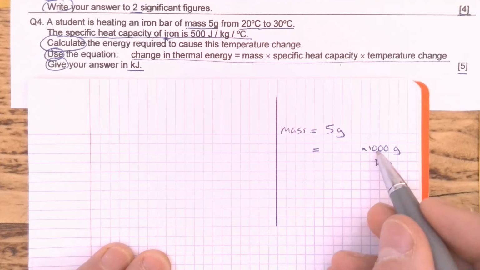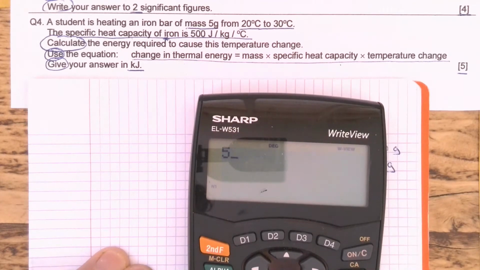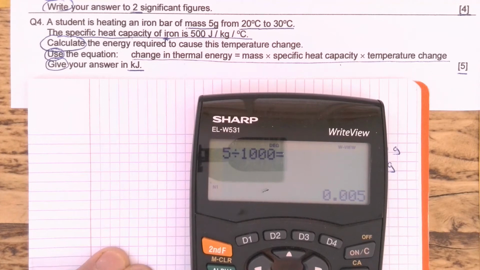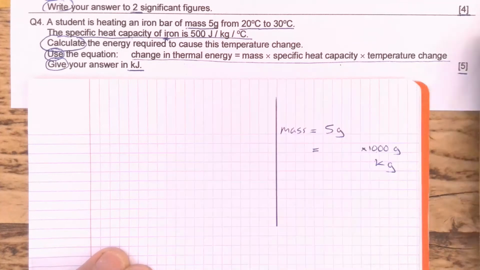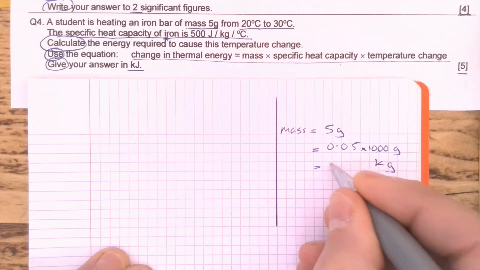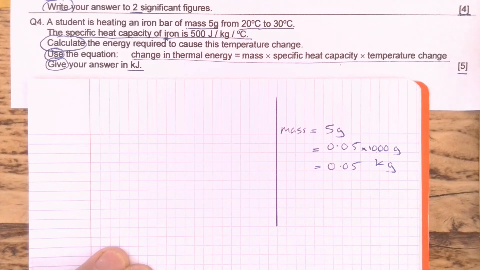So what do I need to times by 1,000 to make 5? Let's see. If I do 5 divided by 1,000, that changes to 0.005. Let me just check: 0.005 times 1,000 is 5. Brilliant. So let me put that back: 0.005 kilograms, and just by doing that, that's 1 mark.